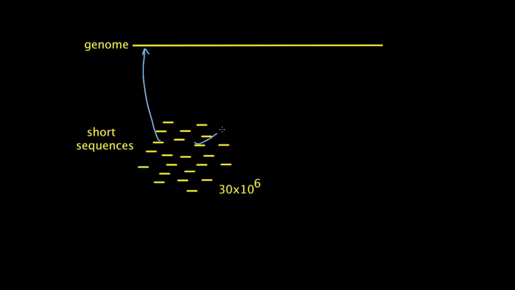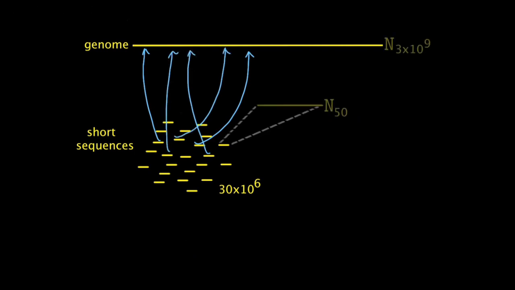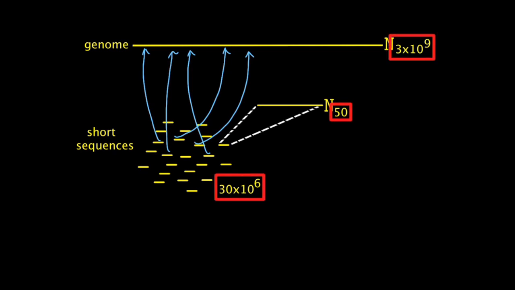The time required to find a match depends on the lengths of both sequences. A typical task requires aligning 30 million sequences of length 50 to the genome. What do you think is the most constricting limitation in this scenario? Pause the video here to discuss.